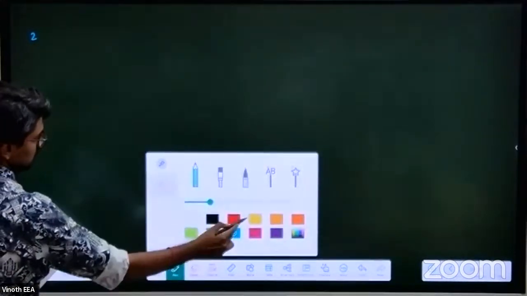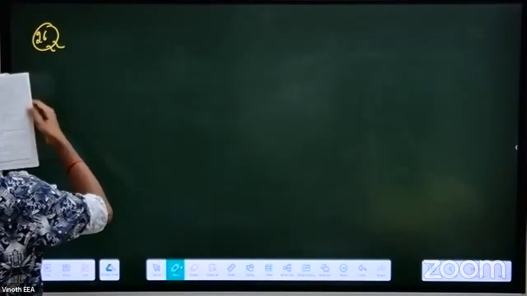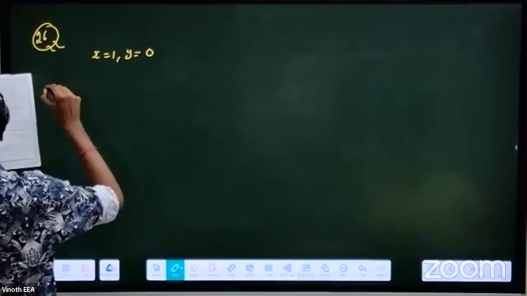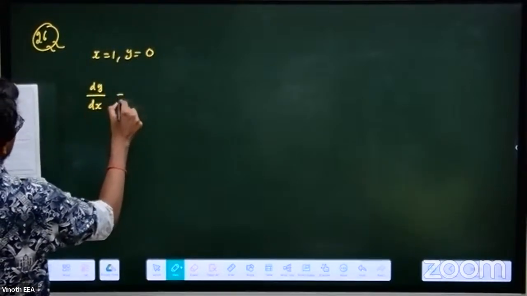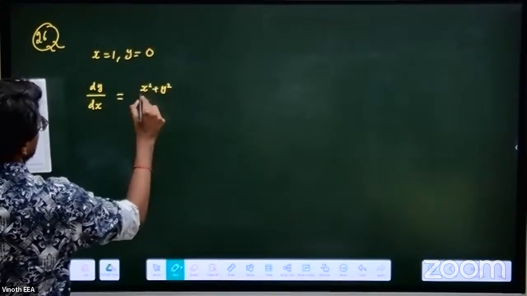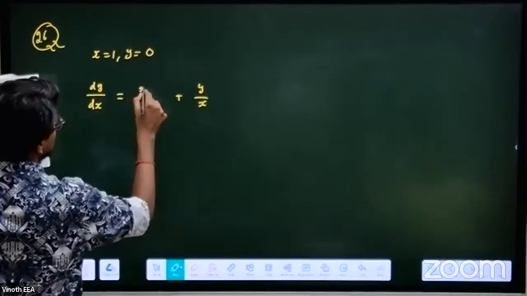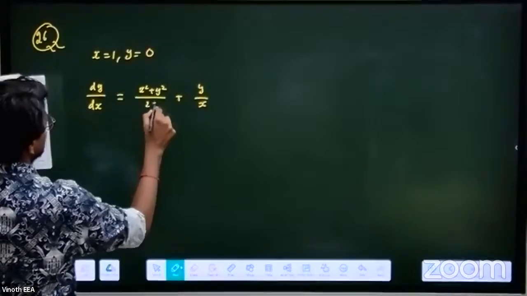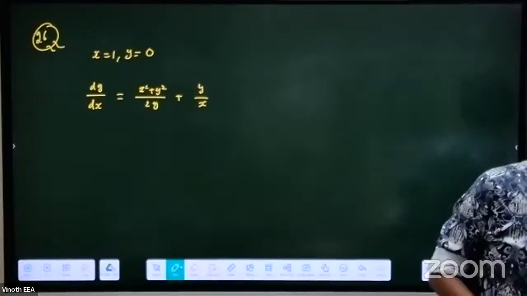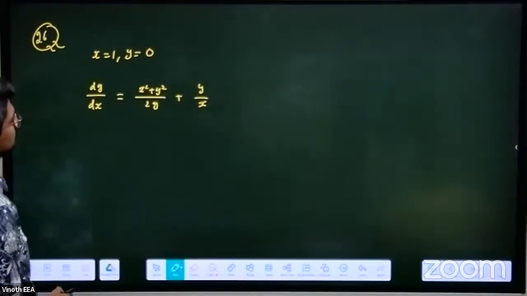The 26. See, I will try to simplify this.